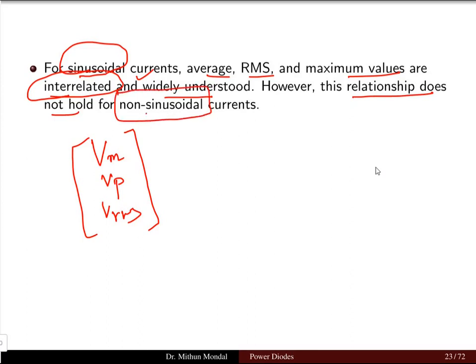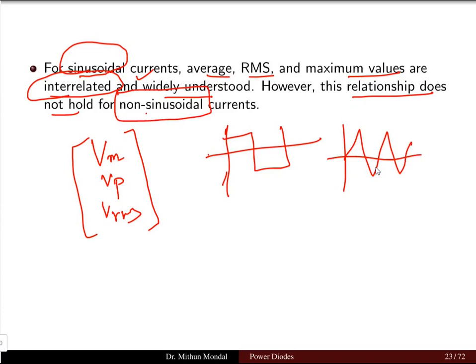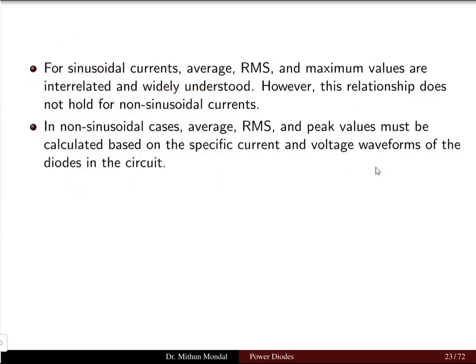When the current is non-sinusoidal, like a square wave or a triangular wave or any other non-sinusoidal function, it is very difficult to use such relationships, and the average, RMS or peak value have to be calculated using the specified current and voltage waveform for which the diodes are applied in the circuit.